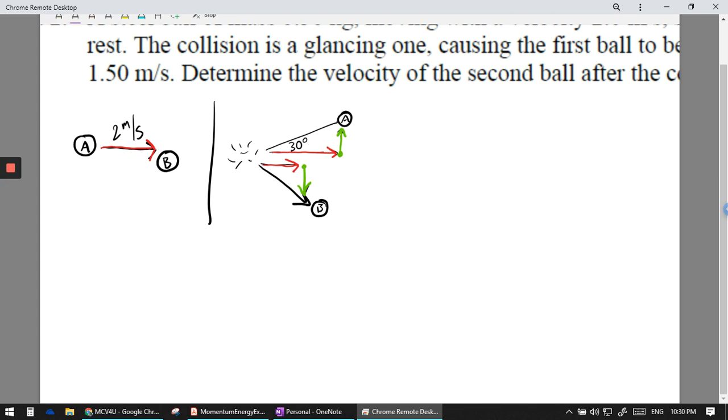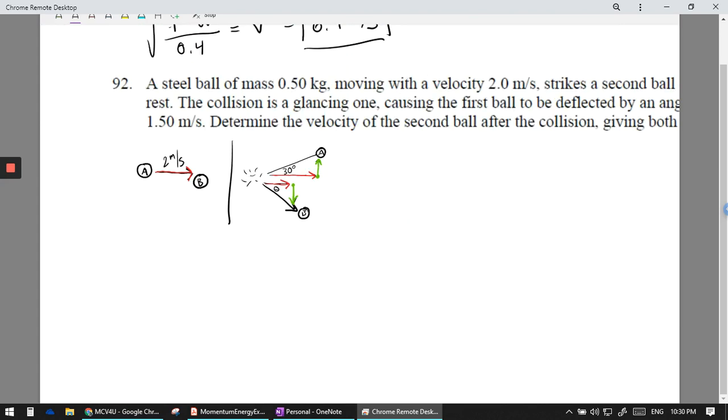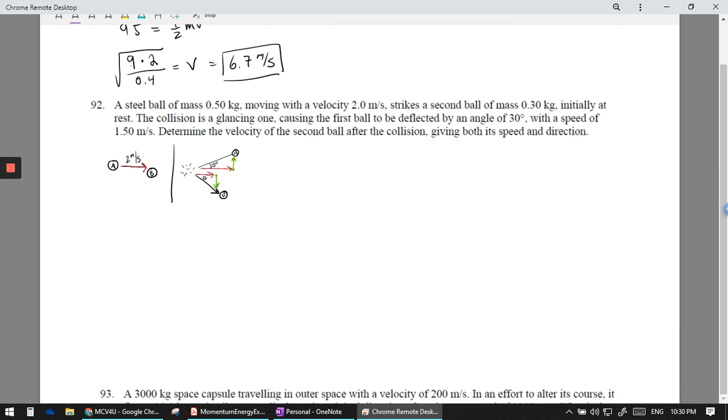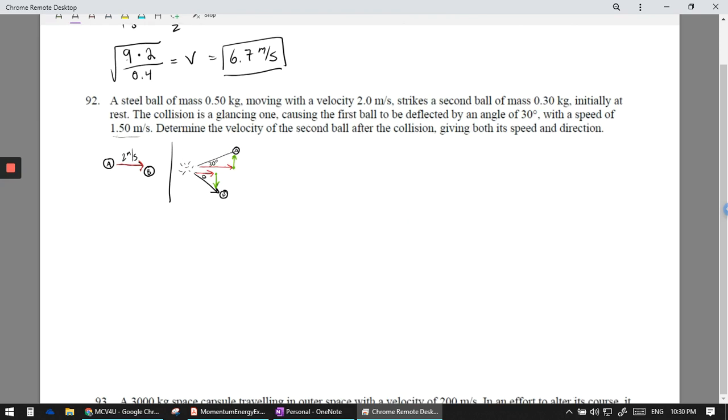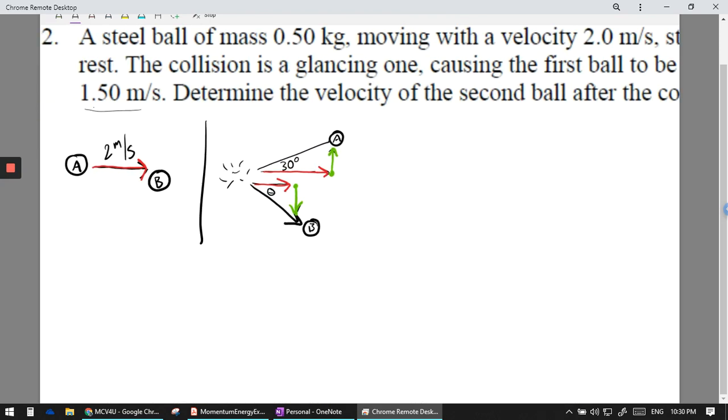Okay, this angle is unknown, so I'm going to call it theta. All right, and it looks like we've also got a 1.5 velocity here. That would be this one, ball A, 1.5. Now, I want to mention again that these are the momentums that are conserved, not the velocities.